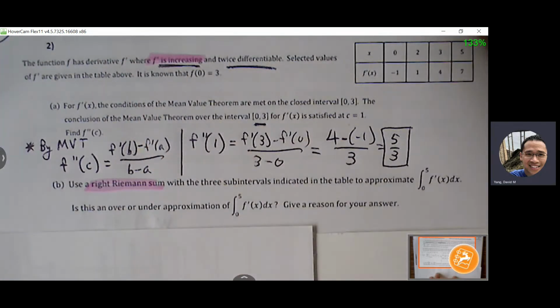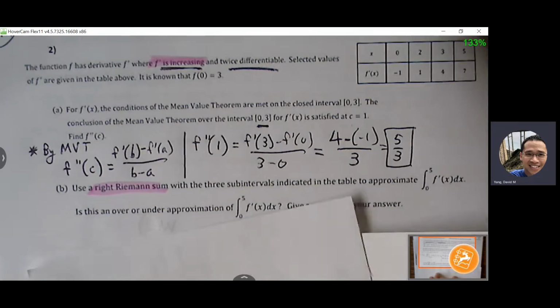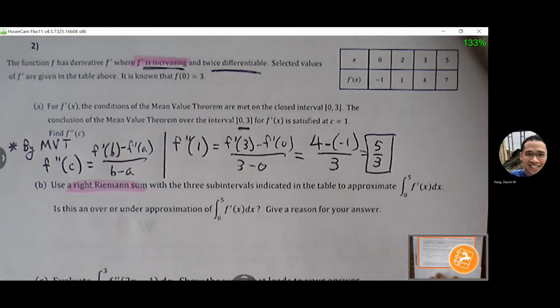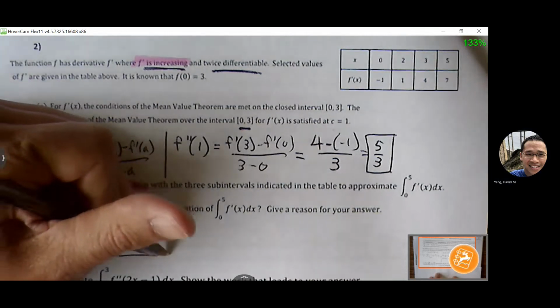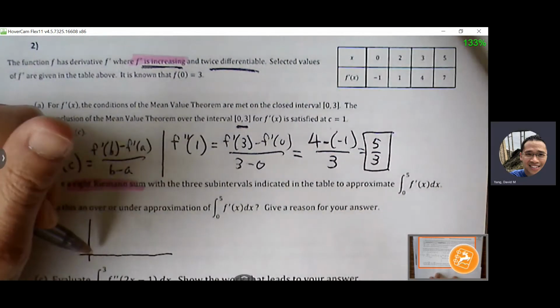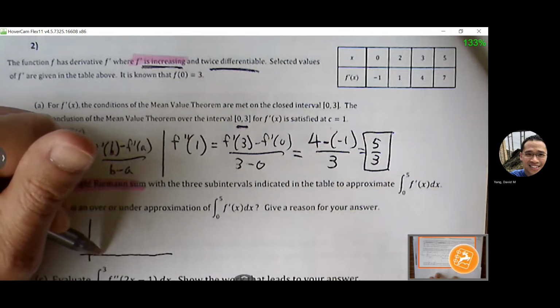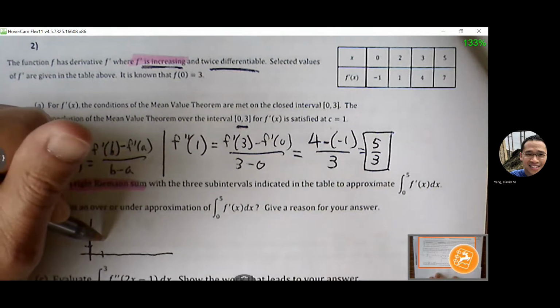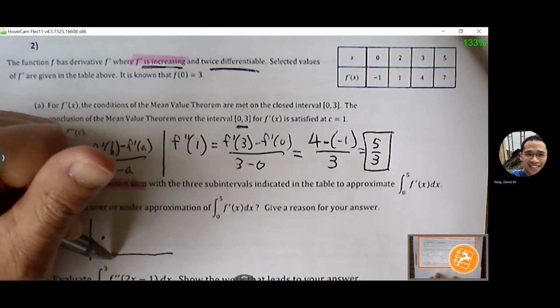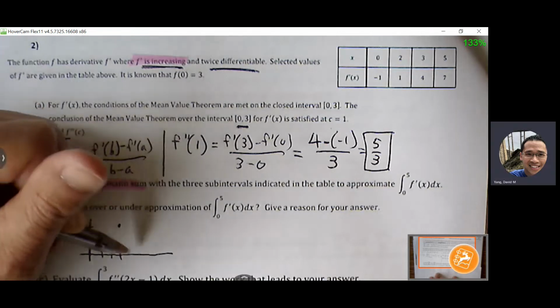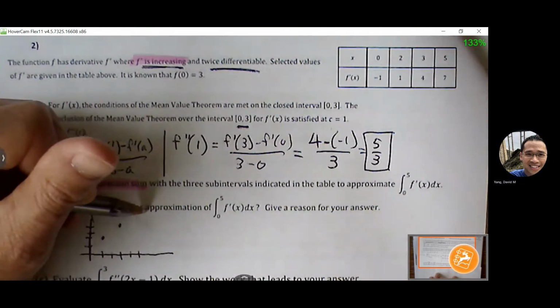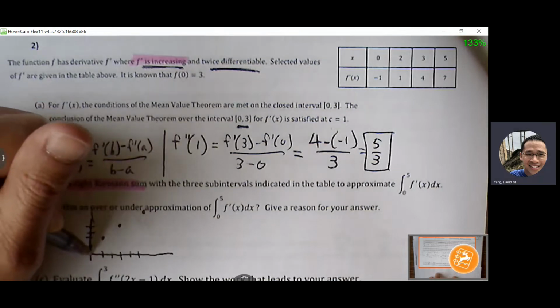So if your graph is increasing, you should be able to sketch a right Riemann sum, rectangles, and convince yourself whether it's going to be an under or over approximation. So if you were to plot these ordered pairs here, maybe the graph looks like this.